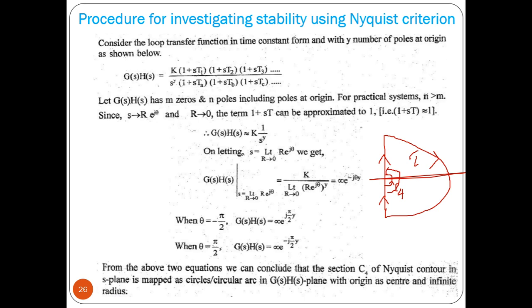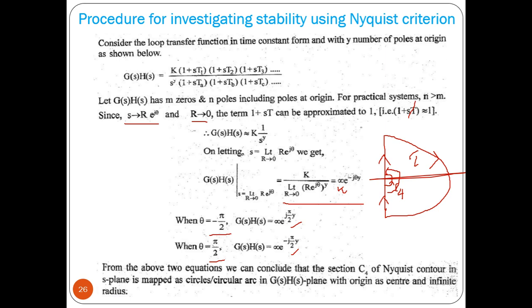Now if we put s equal to r e to the power j theta, and r equal to 0, this term can be 0, and s into t will be 1. If we put r equal to 0, it becomes infinity. And if we put the theta value from minus 90 to plus 90, we get infinity e to the power of this angle.